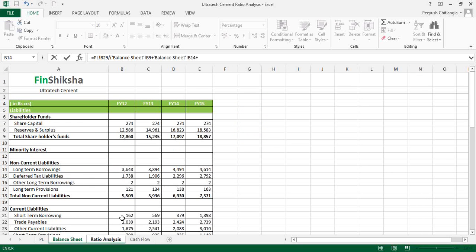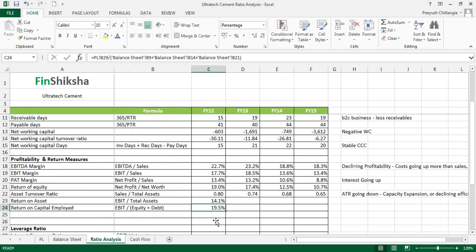So I take all the debt funds here, not just the long term, but short term as well. You can choose only to take the long term, but I have taken both because in a sense they are being raised. And these two are also going down, just like the return on equity is going down.